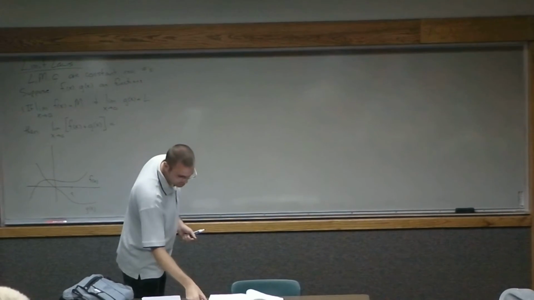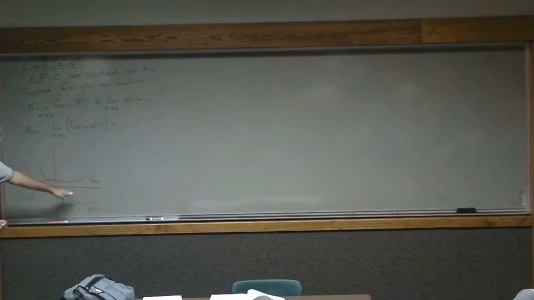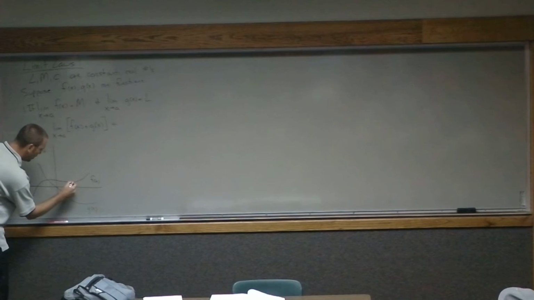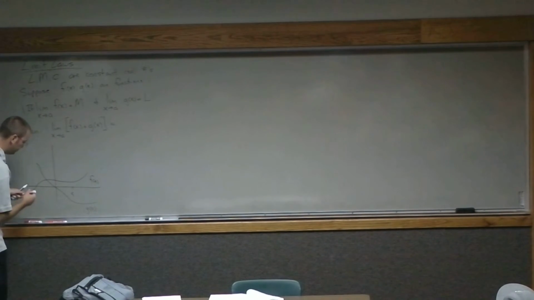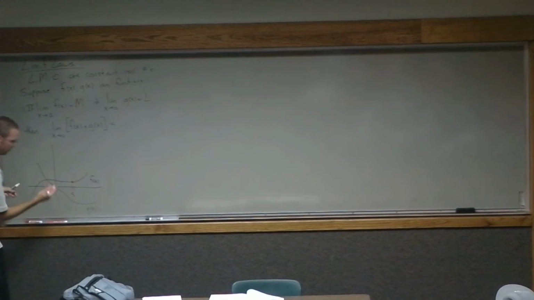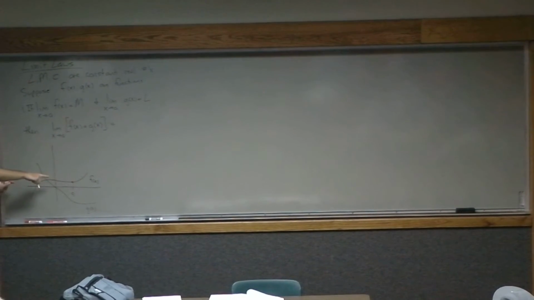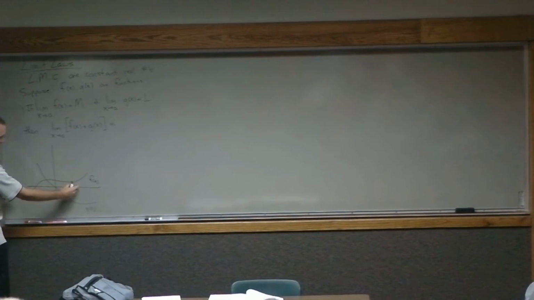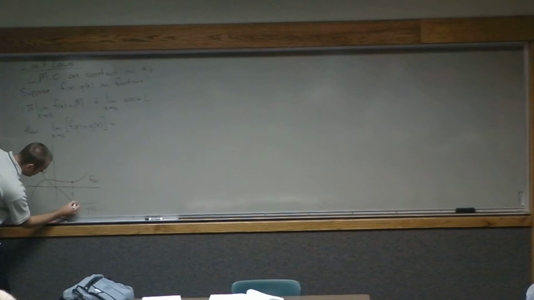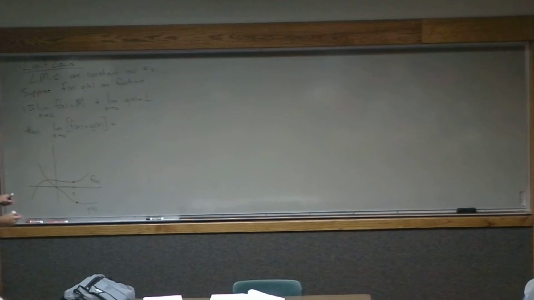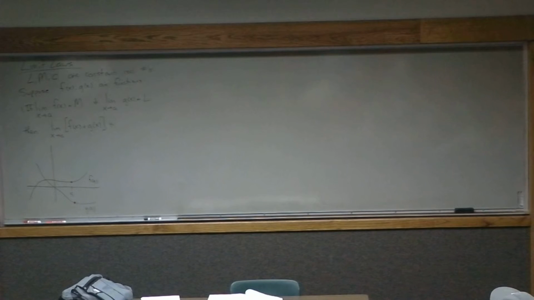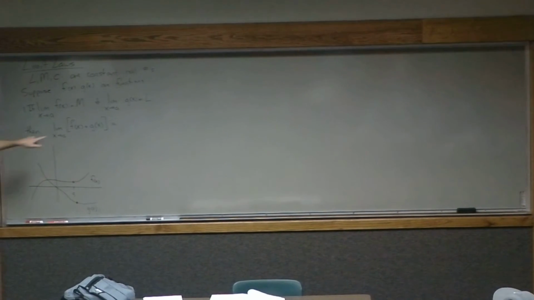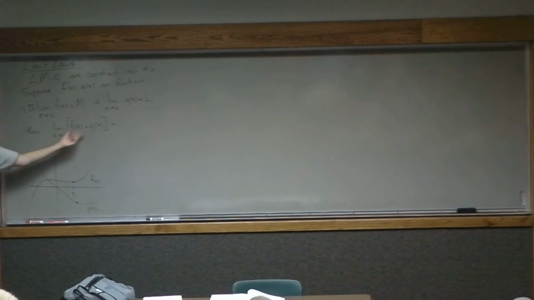Don't try to think of what the graph of f plus g of x looks like right now. Think about just how we evaluate that. For all intents and purposes, that's the limit of f of x as x approaches a, right? This value right here is the value that f of x approaches as x gets closer to a. That point right there is the limit as x approaches a of g of x. If this right here just says add the two function values together, what's their limit supposed to be?